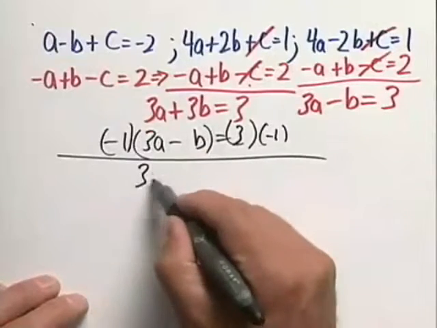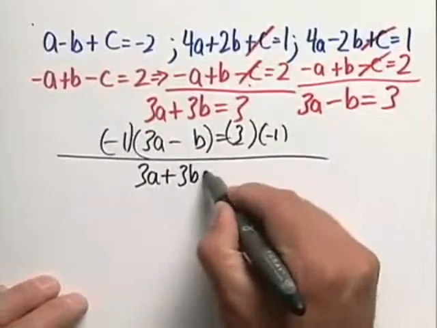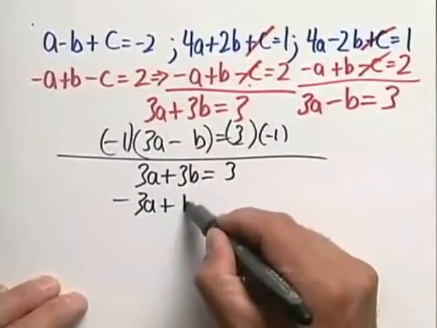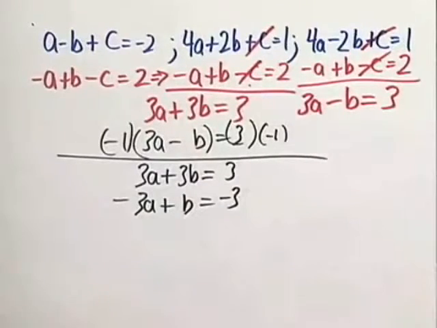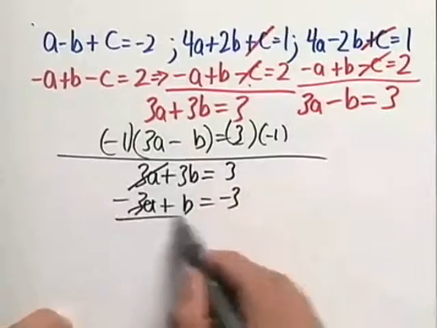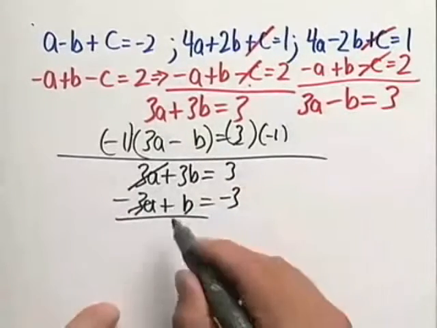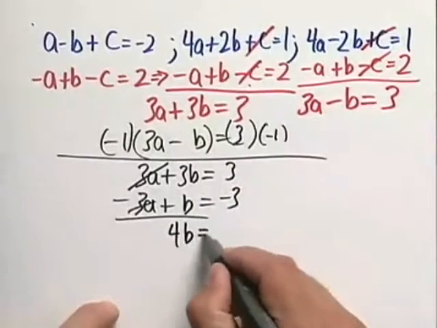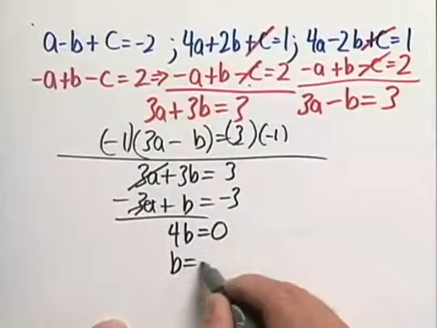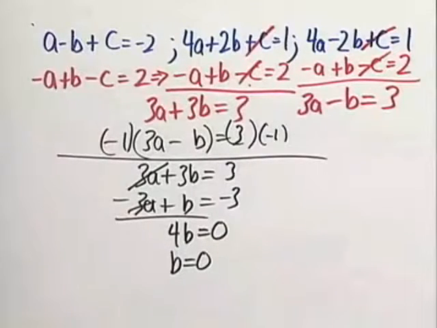Rewrite the whole thing: 3a plus 3b is equal to 3, minus 3a plus b is equal to -3. By design, our 3a's cancel out. Adding down the columns, we come up with 4b is equal to 0. Dividing both sides by 4, we obtain b equals 0. So our b coefficient for our function will be 0.